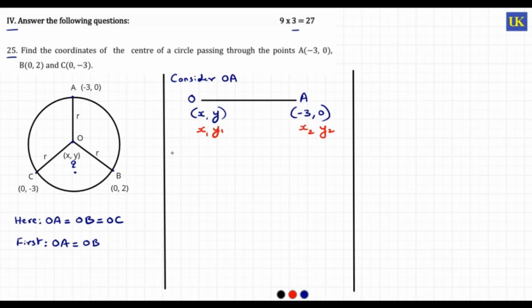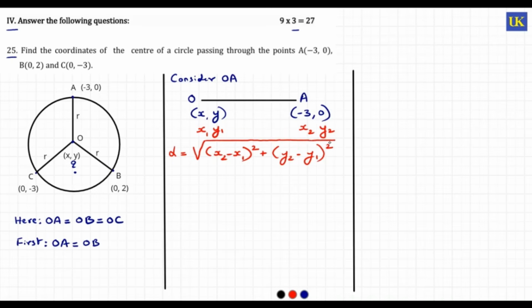Now I'll write the distance formula. The distance formula is under root x2 minus x1 whole square plus y2 minus y1 whole square, right?